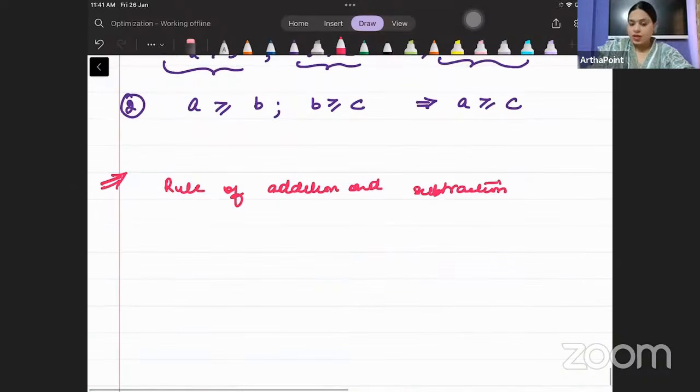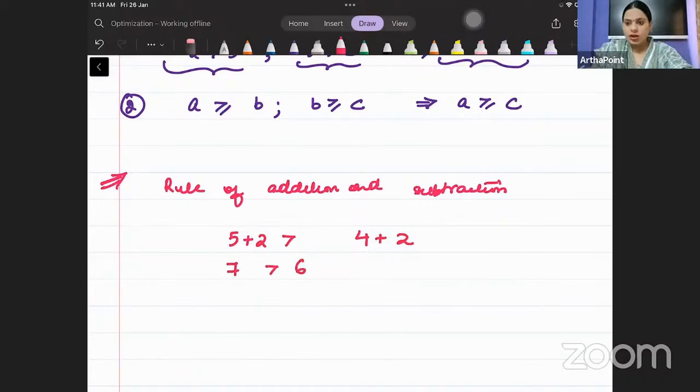Try to see. But suppose I tell you 5 is greater than 4. ये हम सबको पता है 5 4 से बड़ा होता है. So if I add 2 on both sides, won't 7 also be greater than 6? होगा ना? But if 5 is greater than 4, if I subtract 2 from both sides, won't 3 be greater than 2? होगा ना?